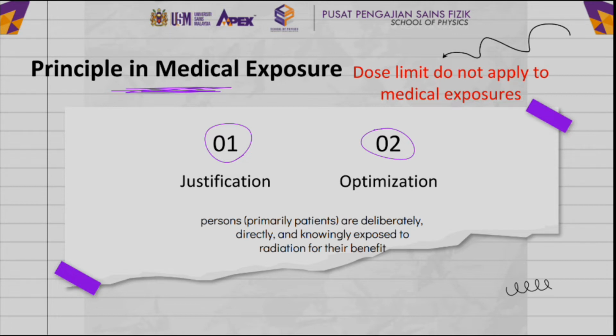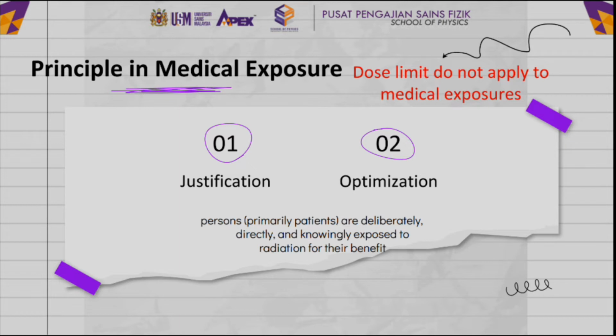In medical exposure, persons, primarily patients, are deliberately, directly and knowingly exposed to radiation for their benefit. It is important to remember that in medical exposures, applying a dose limit is inappropriate as it may limit the benefit of the treatment for the patient. Consequently, only two of the radiation protection principles apply, which are justification and optimization.